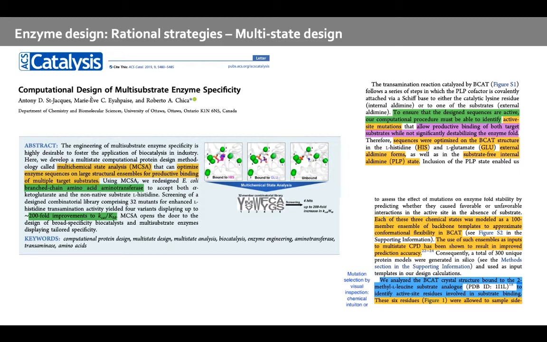One thing is that although they use multiple structures, and also multiple intermediates for the design process, when they have to introduce the mutations, if you check the blue box, the strategy they use is again not that different from what I was explaining. They look at the active site, they take the PDB, and then identify which active site residues might be involved in substrate binding. And they select those positions for mutagenesis.